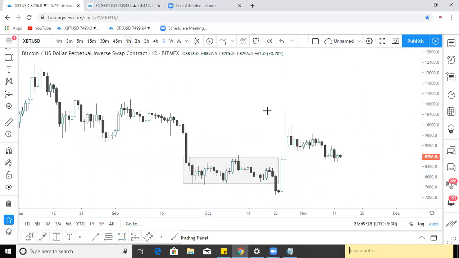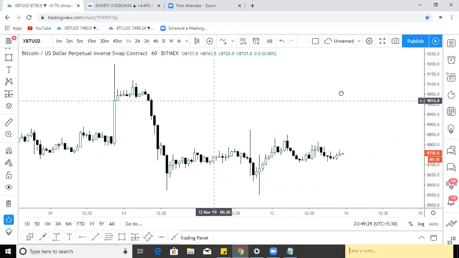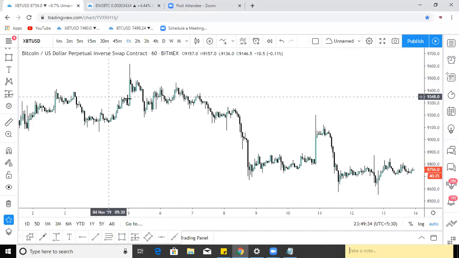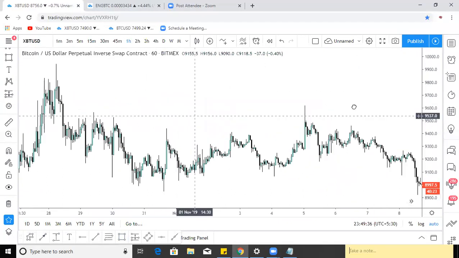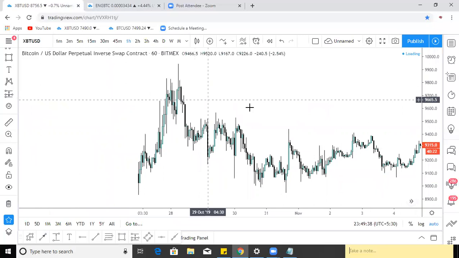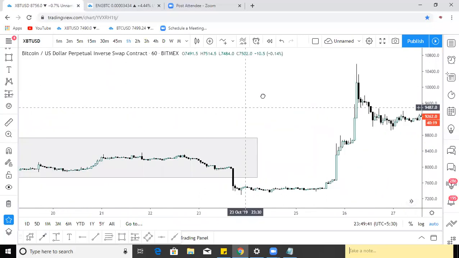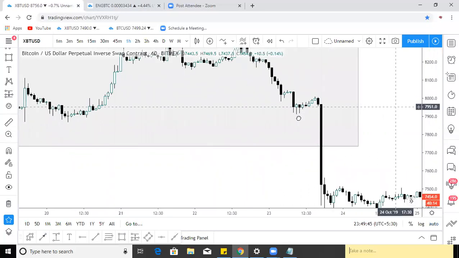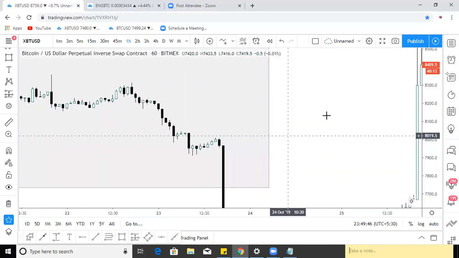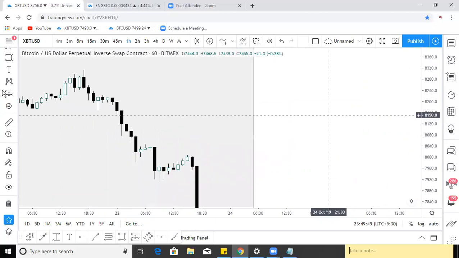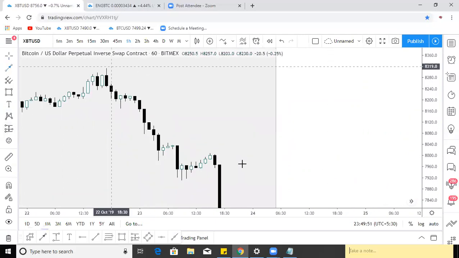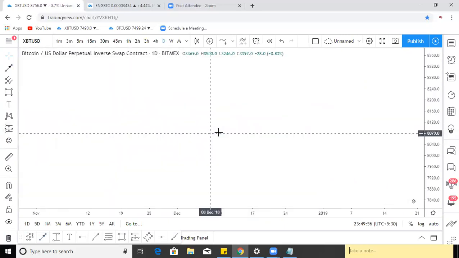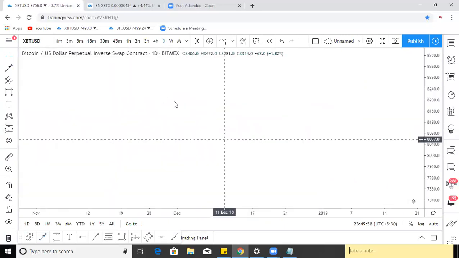But if I see the same chart on the hourly time frame, there would be a difference. The same chart which we thought was sideways, if we just see a particular range like this, you all will say that the price is moving in a downtrend. However, on the daily chart, the same price was moving in a sideways direction.